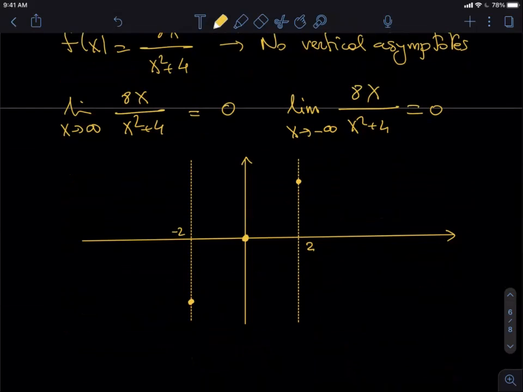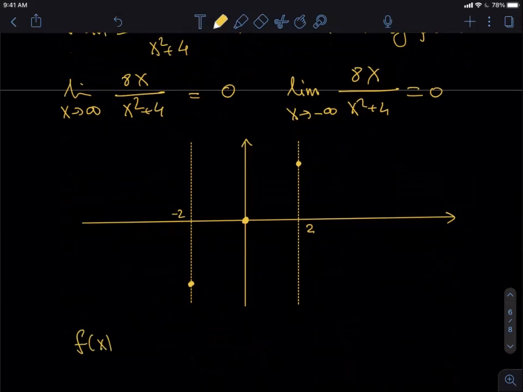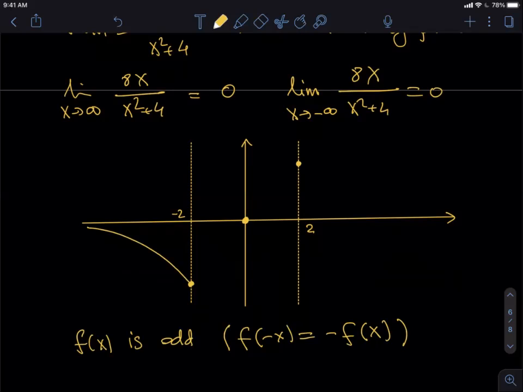We can also say that f of x is odd. Remember the definition of odd function? That meant that f of -x equals negative f of x. So actually the function has symmetry. So it will be something like this.